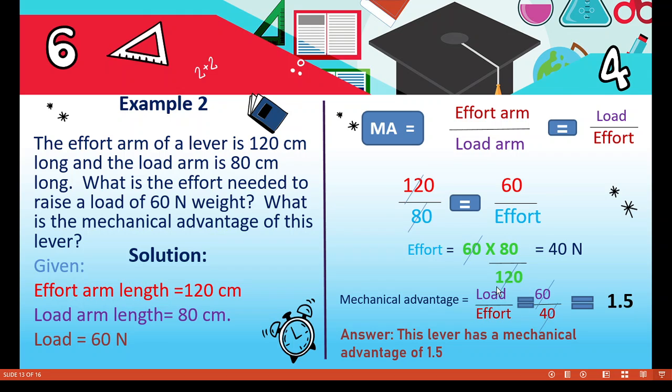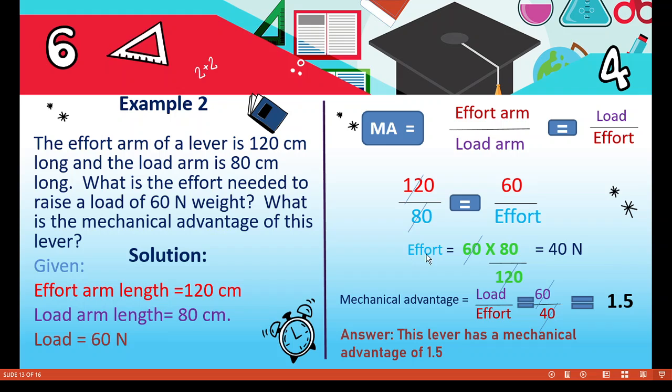So here we will be left with 2, and 80 by 2 is equal to 40. I hope you understand. Or 6 2s are 12, 60 multiplied by 2 will give you 120. So if you cancel 60 by 120, you will get 2 here in the denominator. So 80 divided by 2 is equal to 40 newtons.